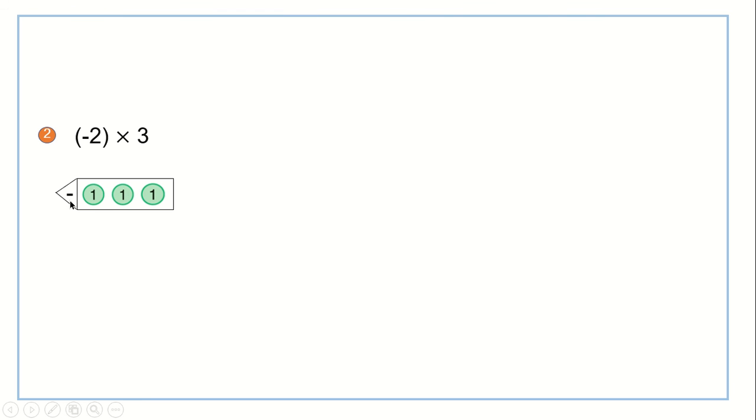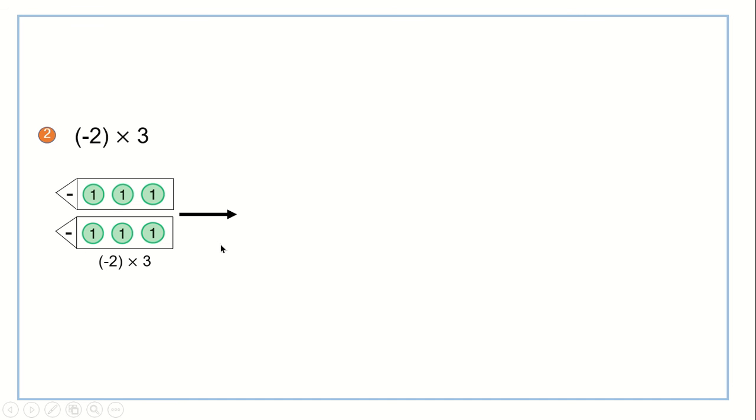So this is the negative of one group of 3, and then we have the negative of two groups of 3. Okay? So note that this negative will affect these positives to also become negatives.